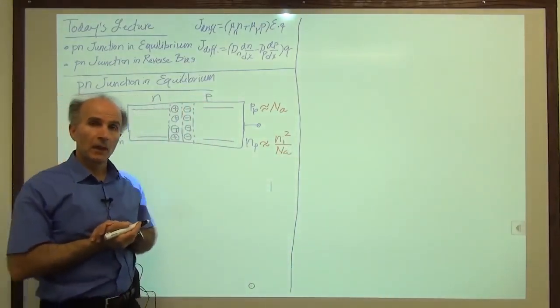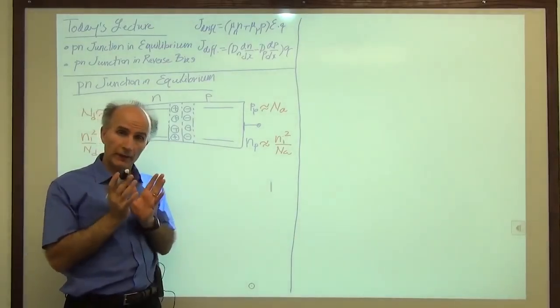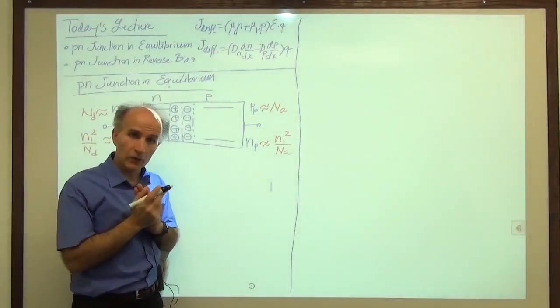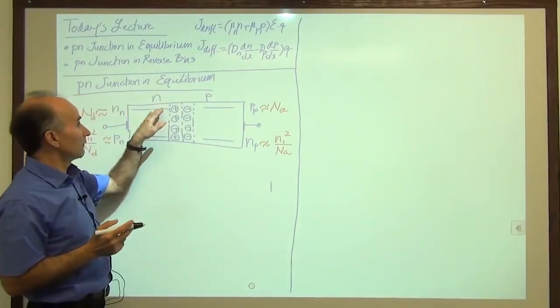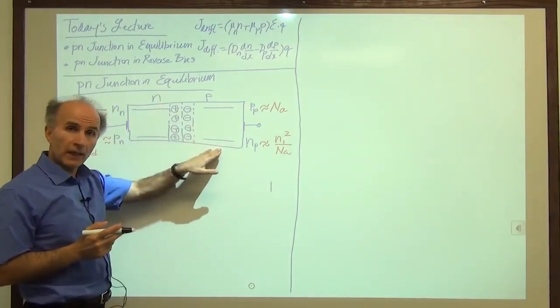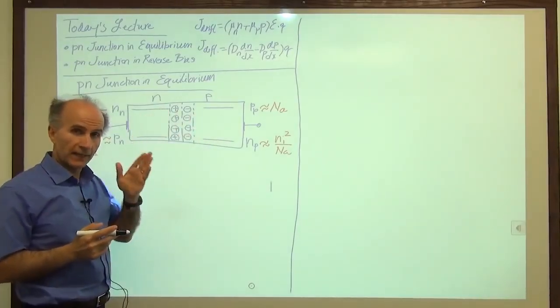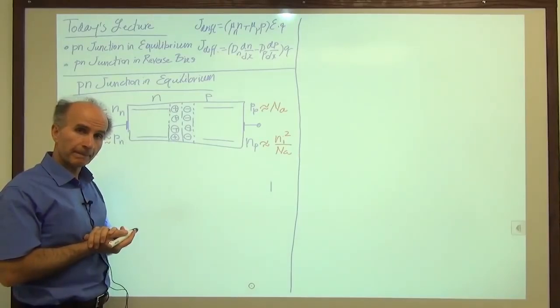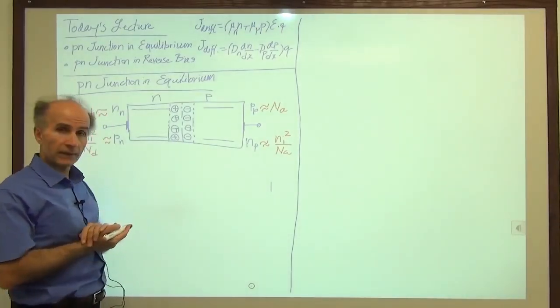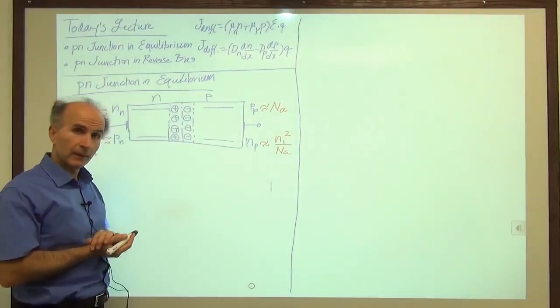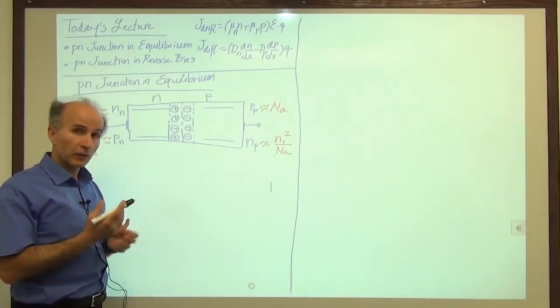Okay. All right, so we are looking for a condition at which the flow of electrons from left to right and holes from right to left has stopped. So how do we approach this mathematically? Well, how do we know when the diffusion current has stopped?